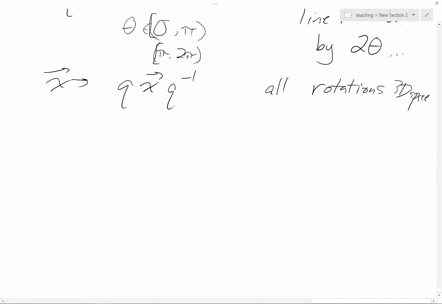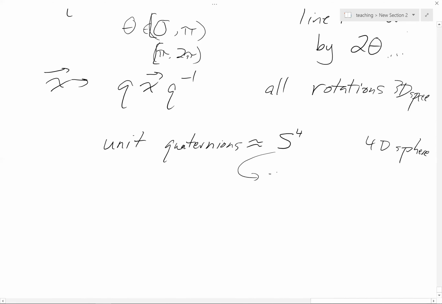But so basically the picture we get is the unit quaternions. They're the 4-dimensional sphere. So this is the 4D sphere. And I'm going to throw in something we didn't talk about, but just for the chagrins of it, you'll see this in later courses.